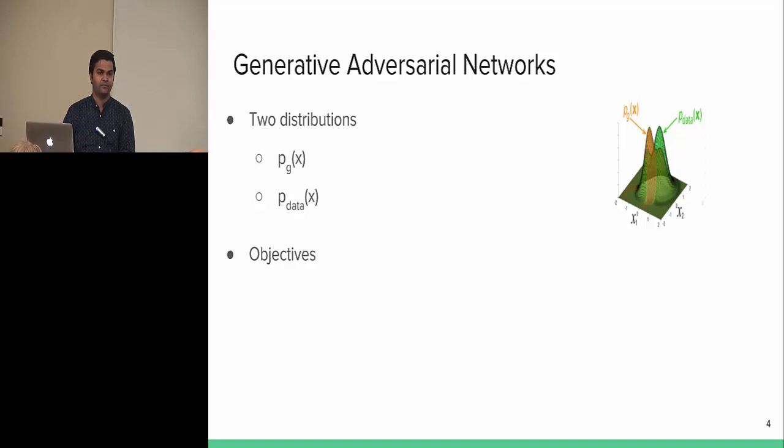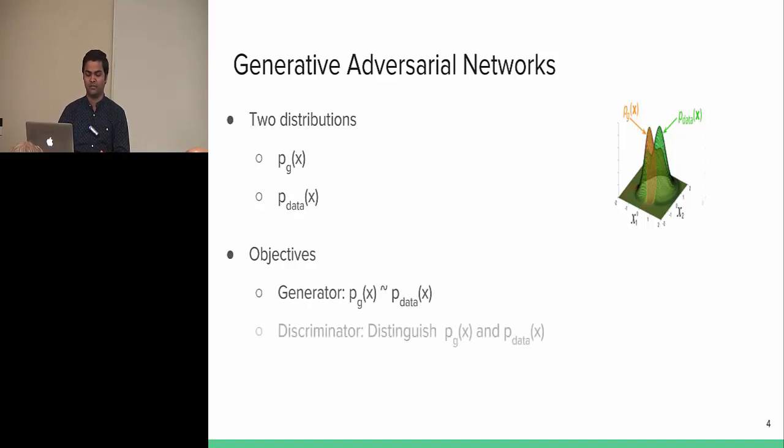Two numbers. Right? So you have the distribution of the generator and the distribution of the data, and you want to make them similar. So the objective of the generator is to make these samples as close as possible, and the discriminator is to distinguish them.